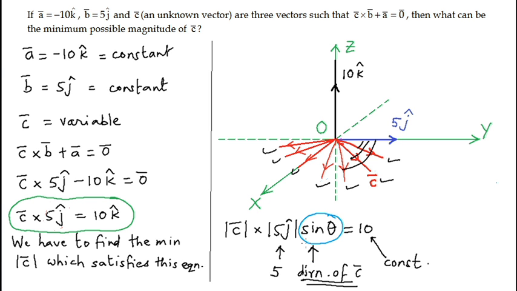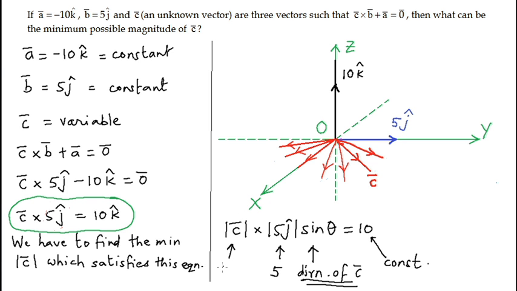But we notice that when sine theta changes, the product mod c bar multiplied by 5 multiplied by sine theta should remain a constant, that is 10. This means that whenever sine theta changes because of changing the direction of c bar, we must necessarily change the magnitude of c bar also.